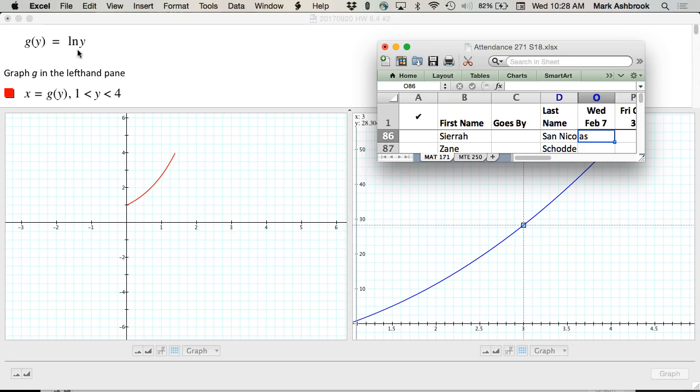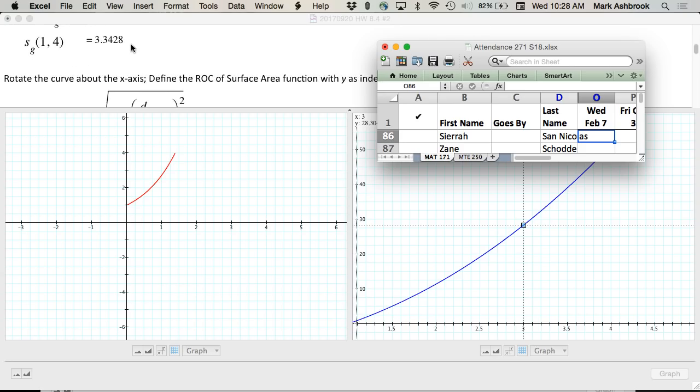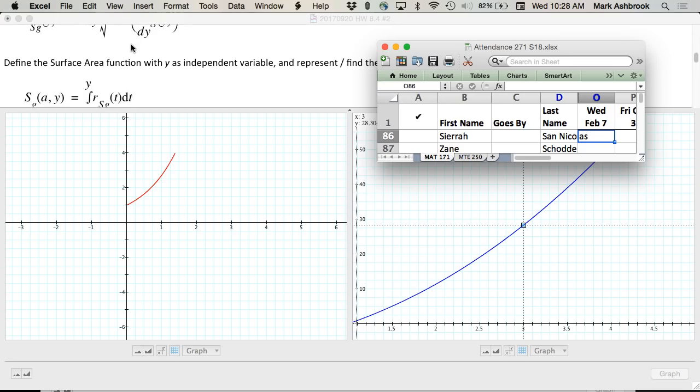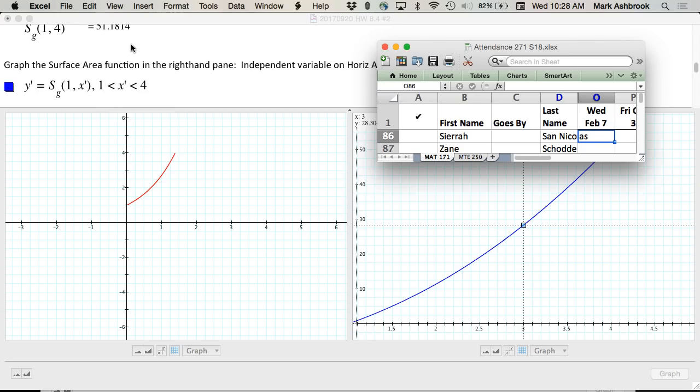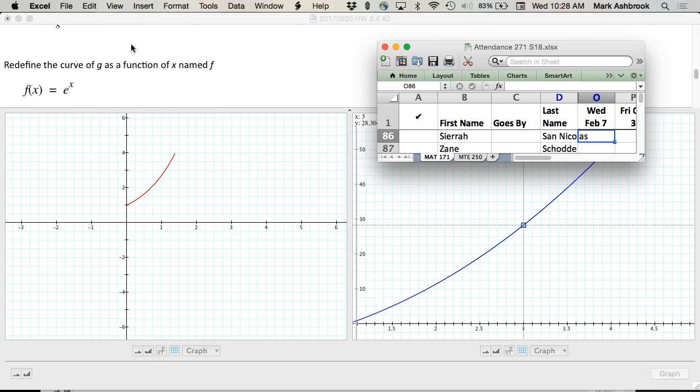It would be the inverse of this. What's the inverse of ln of y? If you thought e to the x, you were correct. So now it's the same curve, but now defined as y as a function of x.